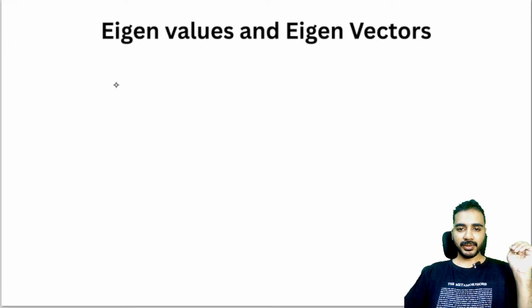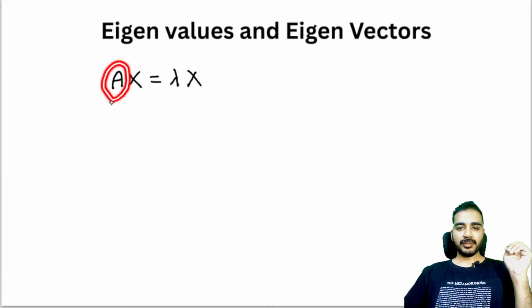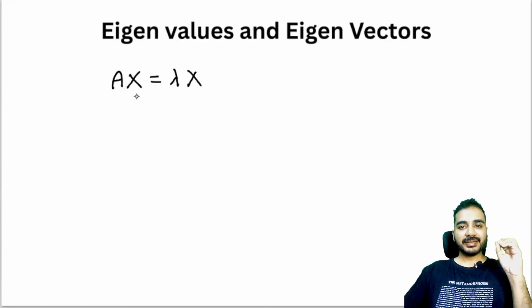In order to understand that, we just need to know this equation, that is Ax equal to lambda x, where A is a matrix and its eigenvector is nothing but x here.